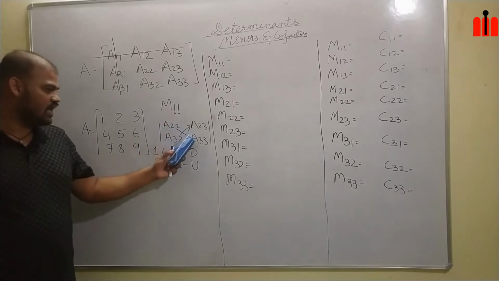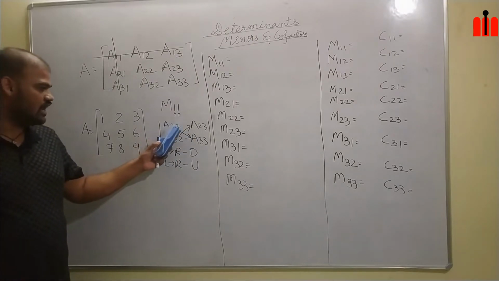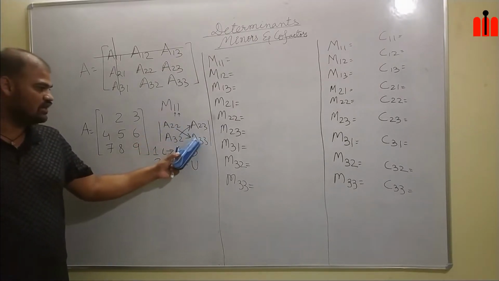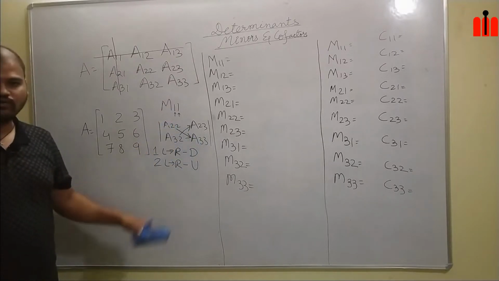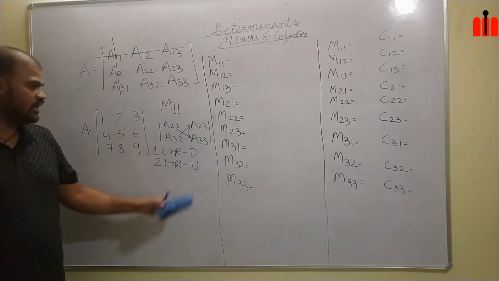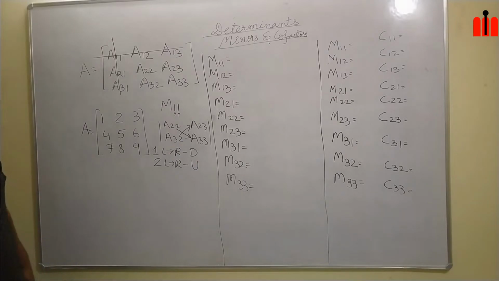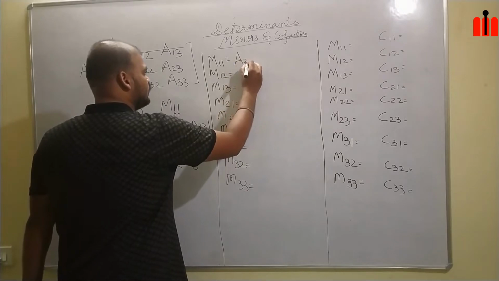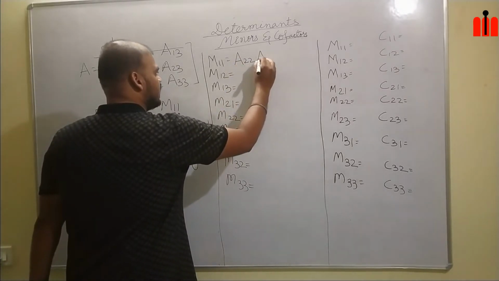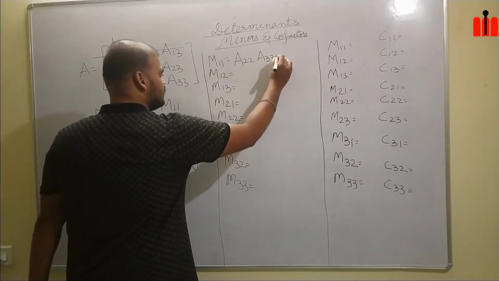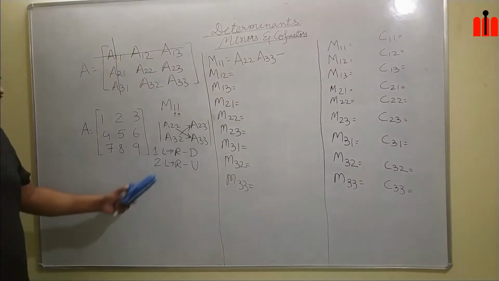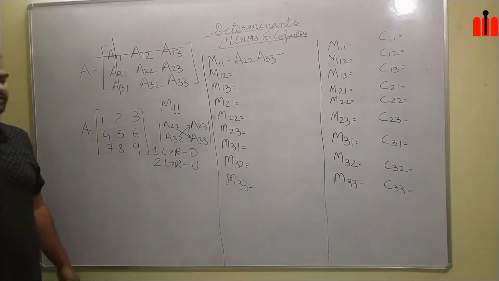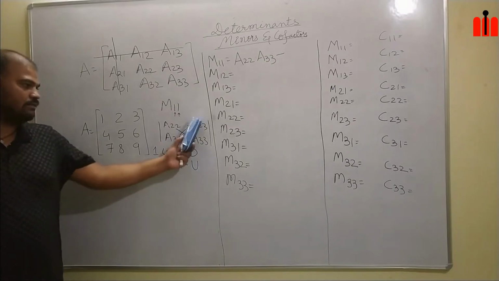Left to right arrow, we have to multiply the 2 elements at the end of the arrows. So A22 and A33 were multiplied. So my M11 will be A22 into A33 minus A32 into A23, left to right, up.